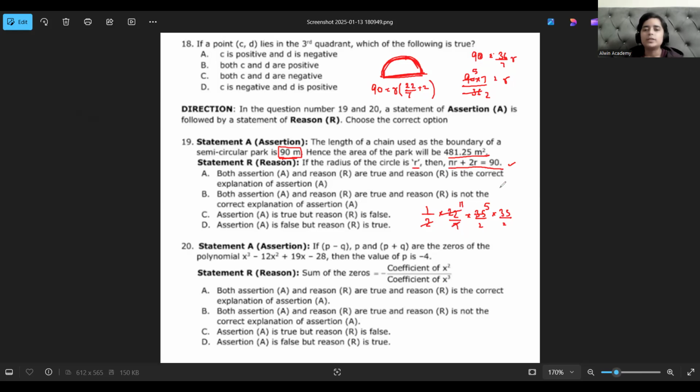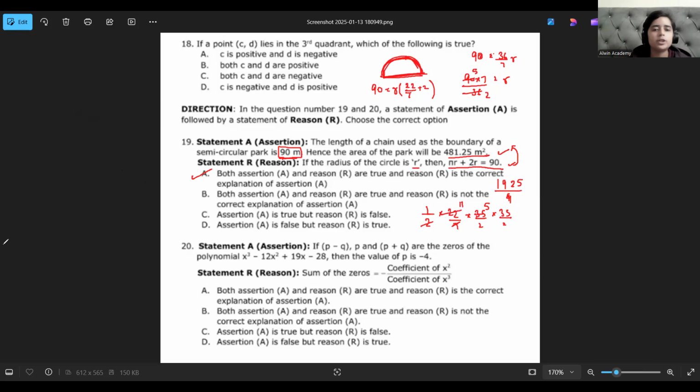We have to do 175 times 11. So we get 5, 2, 1 carry 9, 1. 1925. 1925 by 4. When I divide it, I actually get 481.25. So assertion is also correct. And the reason is explaining the assertion. Thus option number A is the correct answer.